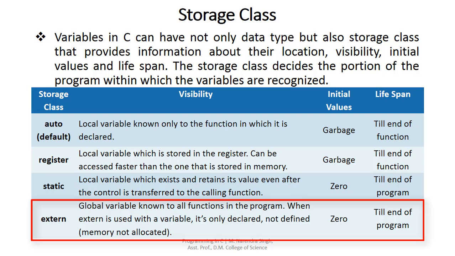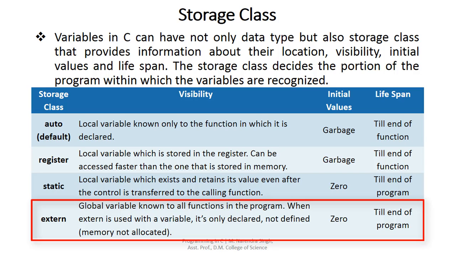The next storage class is extern. Variables of storage class extern are global variables known to all functions in the program. When extern is used with a variable, it is only declared, not defined. That is, memory is not allocated for that variable because it is defined elsewhere in some other file.